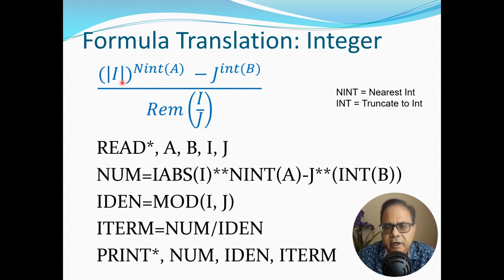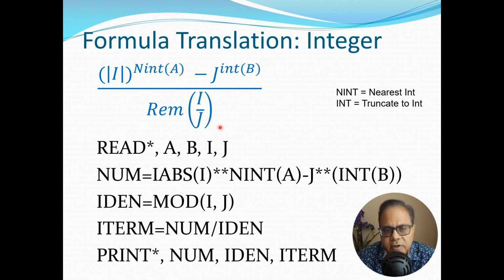So here I have this expression: absolute value of i to the power nint a minus j to the power int b, and I want the remainder of i by j. So whatever remains, if I divide i by j, I want to have that in the denominator here.